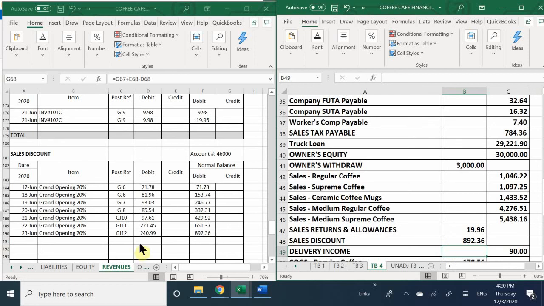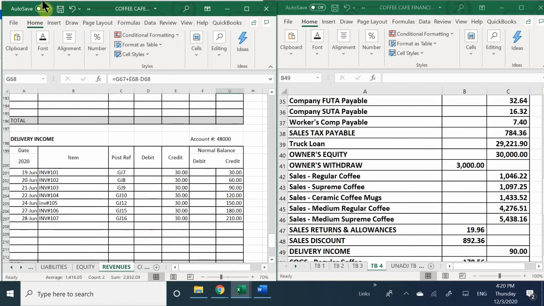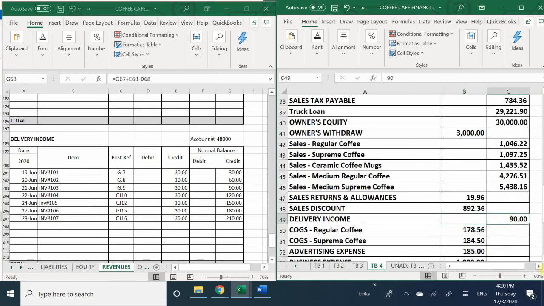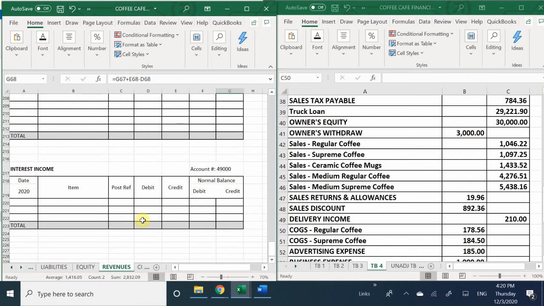Okay. What about any delivery income? Yes, that's gone up, same, it's $210 each. Good. And of course, we didn't collect any interest income.